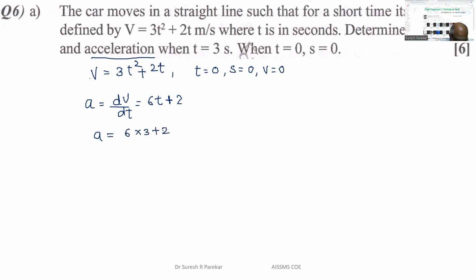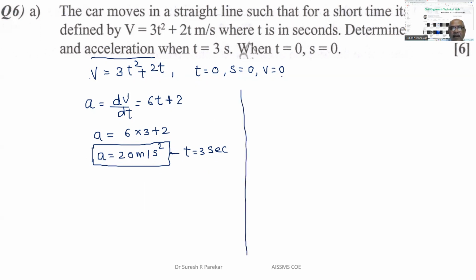Sorry, the value of a: 6 threes are 18 plus 2, 20 meters per second, at t equal to 3 seconds. See, in all problems they are using 3 seconds, so 3 is this examiner's favorite. So we have a equal to 20 meter per second square at t equal to 3 seconds.